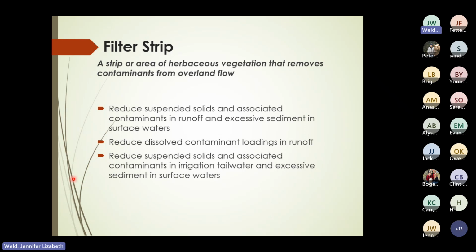The strip is designed to slow down the surface water, reduce the velocity, and allow that water to move slowly across the filter strip. This allows solids and other nutrients to filter out across the filter strip, which is why it's called a filter strip. So it's very effective in reducing that velocity and really reducing suspended solids. Oftentimes you'll see this also used with irrigation water in areas where irrigation is more common.